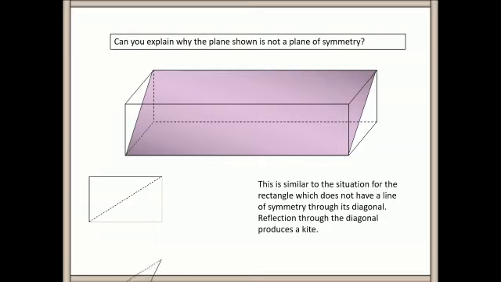When we cut it, we get a diagonal. When we match the halves together, we must get the same diagonal, but we do not, it falls outside the shape. That's why the rectangle does not have diagonal-wise symmetry. The same thing, the cuboid also does not have diagonal-wise plane symmetry. So the cuboid only has the three.